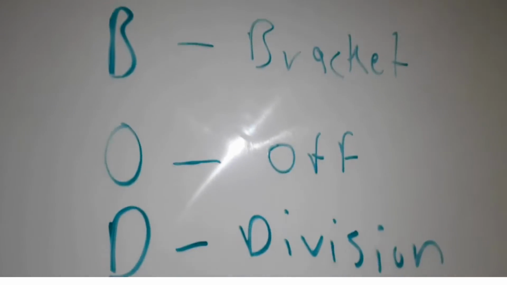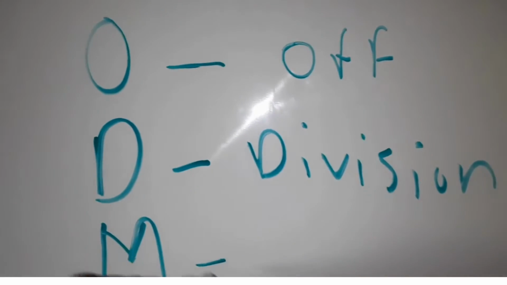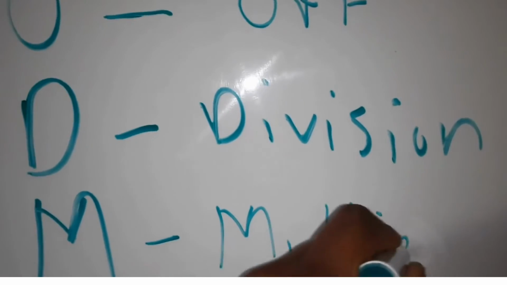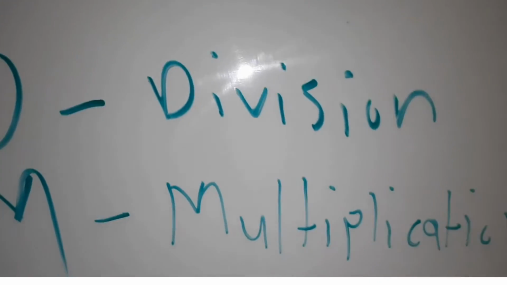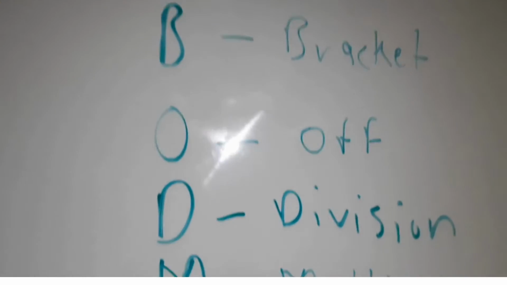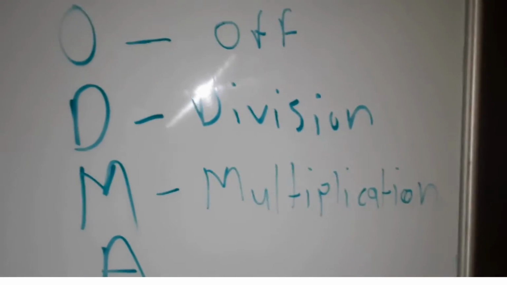So we have bracket, of, division, then we have multiplication.